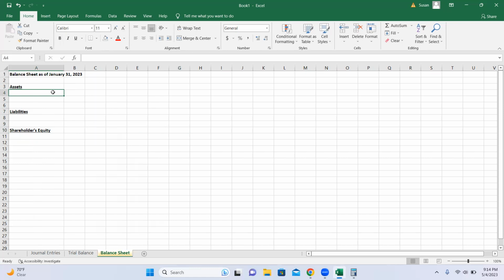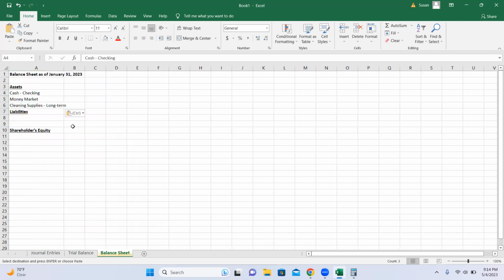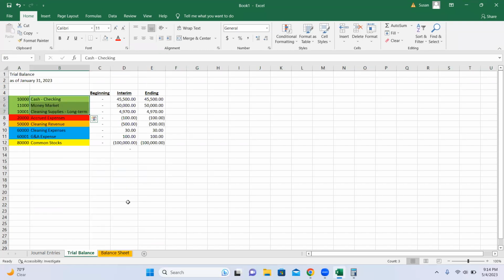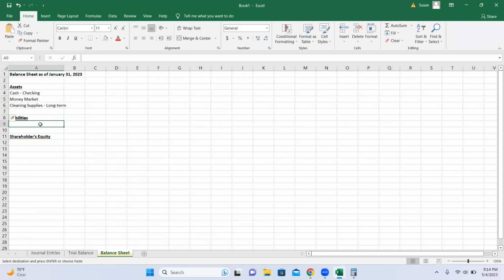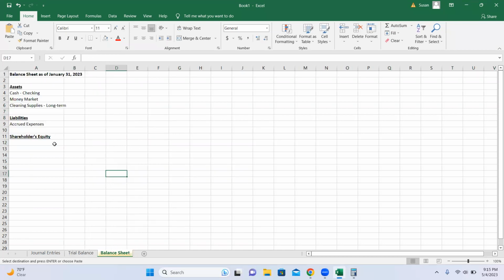So the asset side, we have all these. So I'm just going to copy it. And then for the liabilities, we have just one. And then for the equity, we have our common stock, but we also have our net income and retained earnings.